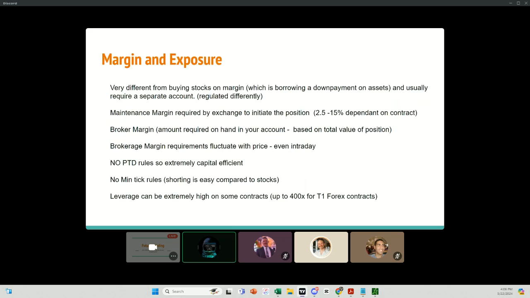So what you have to be aware of is it's not the same as margin in stocks. With stocks, buying on margin is a down payment on the asset, whereas a futures contract is regulated differently, by completely different regulators. And therefore, they have very different margin requirements, and what you're getting is pure leverage, and therefore your exposure to the market is much higher than it would be in you trading any kind of stock ever.